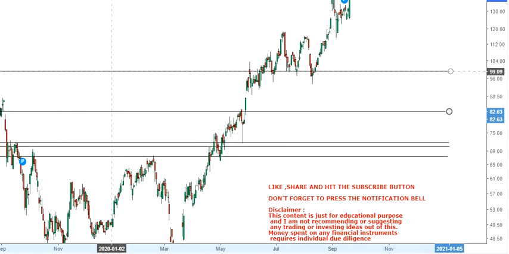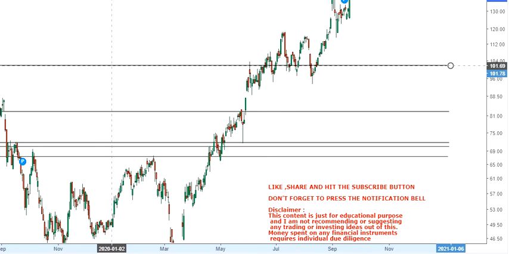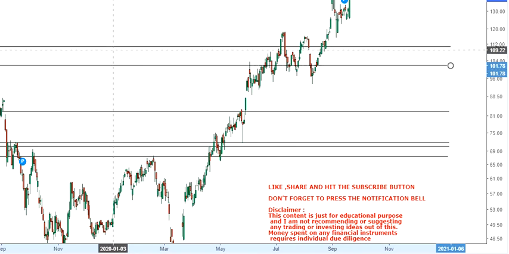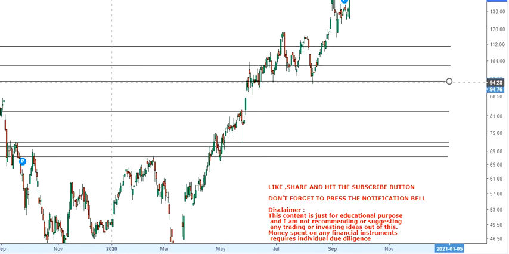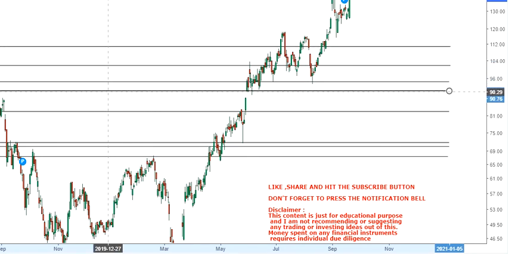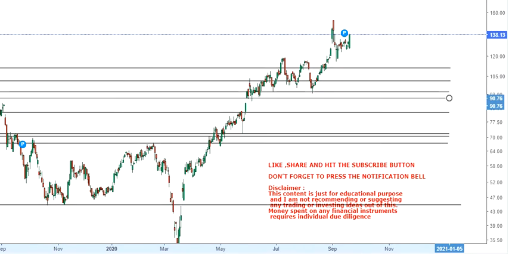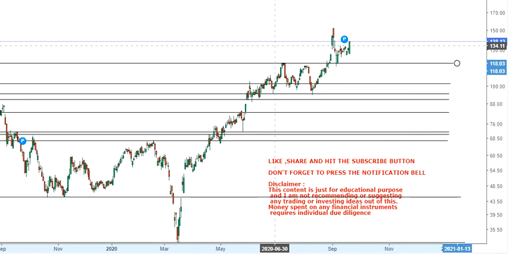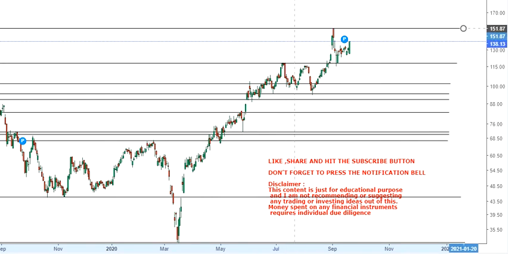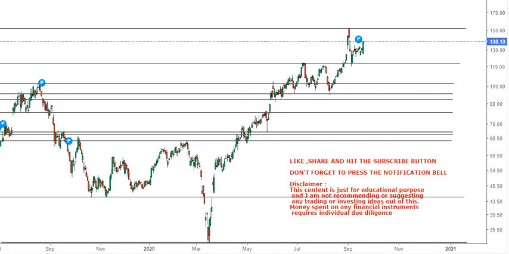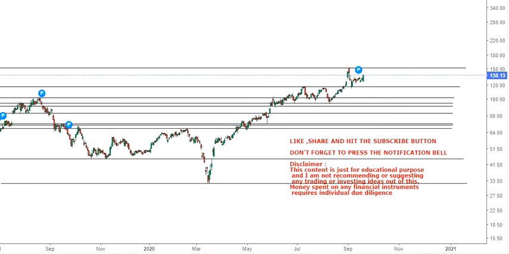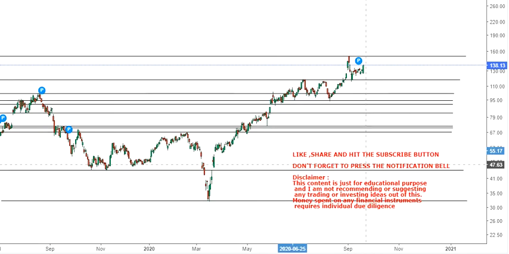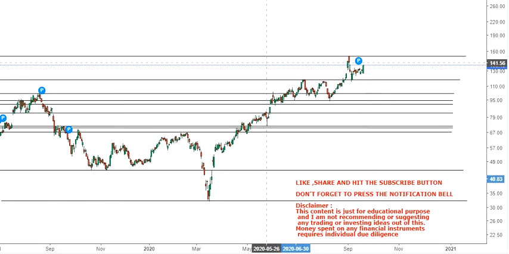Now you have this, and this, and finally this one, and your big resistance will come near 151. So you can see how the stock is moving with strength.